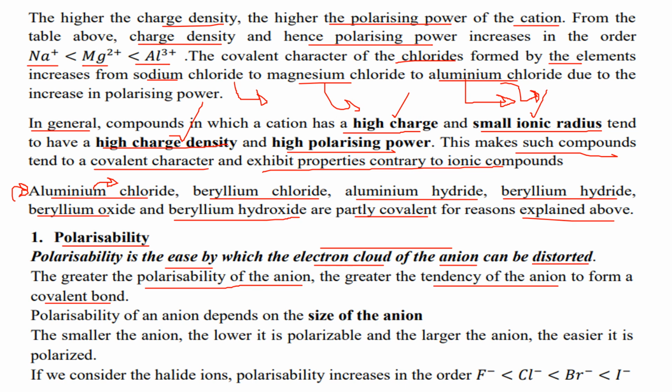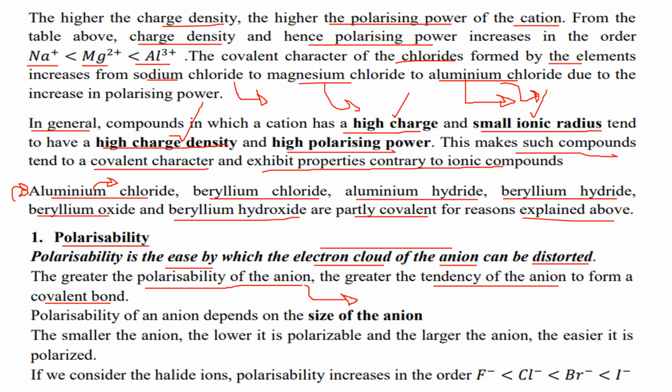So that means that for us to have an ionic compound which is highly covalent, the anion must be easily polarizable. And for an anion to be easily polarizable, we look at the atomic radius or the ionic radius of the anion.